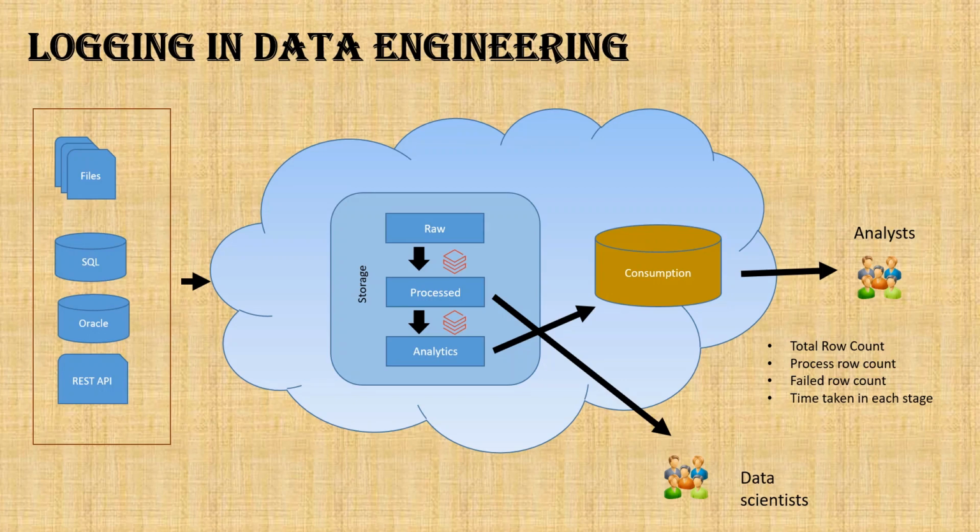The raw layer stores all the information from different sources as it is, which is also known as the landing area. The entire history will be stored there. While moving the data from the raw layer to the processed layer, the main transformation happens. Apply all the business logic, massage the data, and make sure the data is cleaned and ready for final consumption.